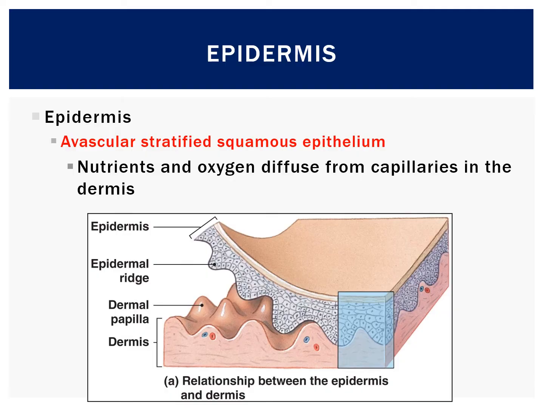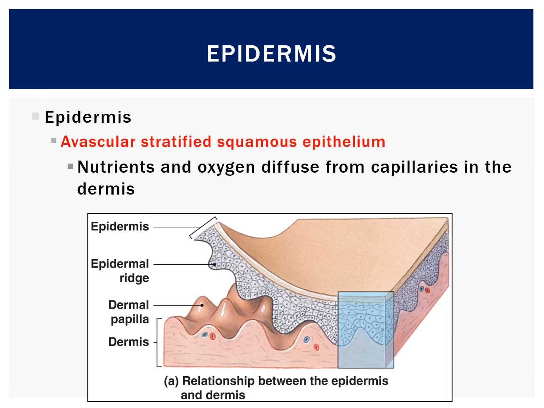We start first with the first layer of the skin, the epidermis. The epidermis consists of the superficial epithelium, which is avascular stratified squamous epithelium. Avascular means lacking blood vessels.